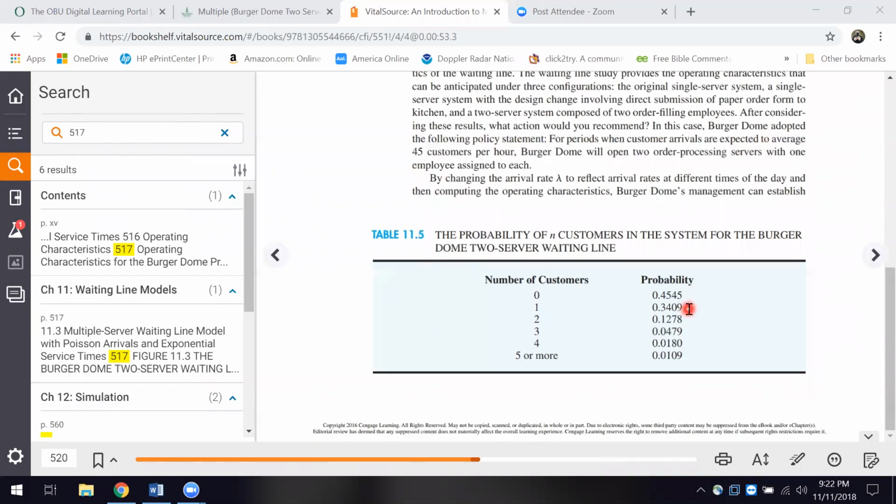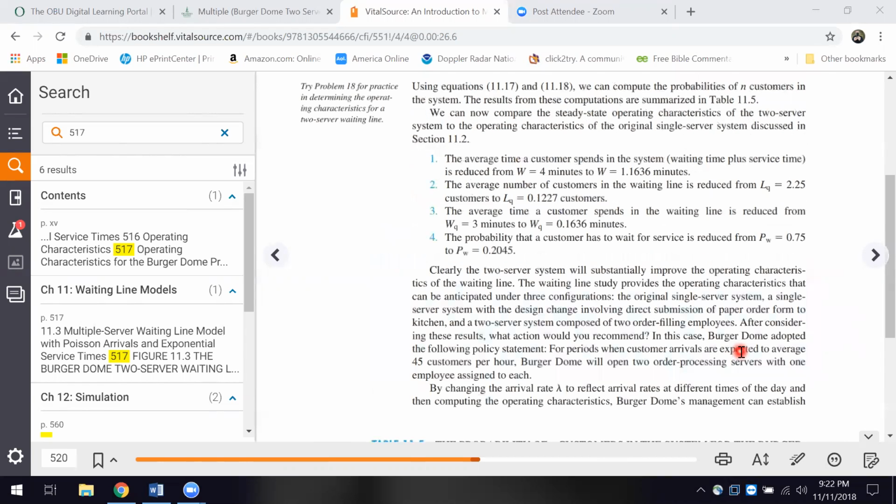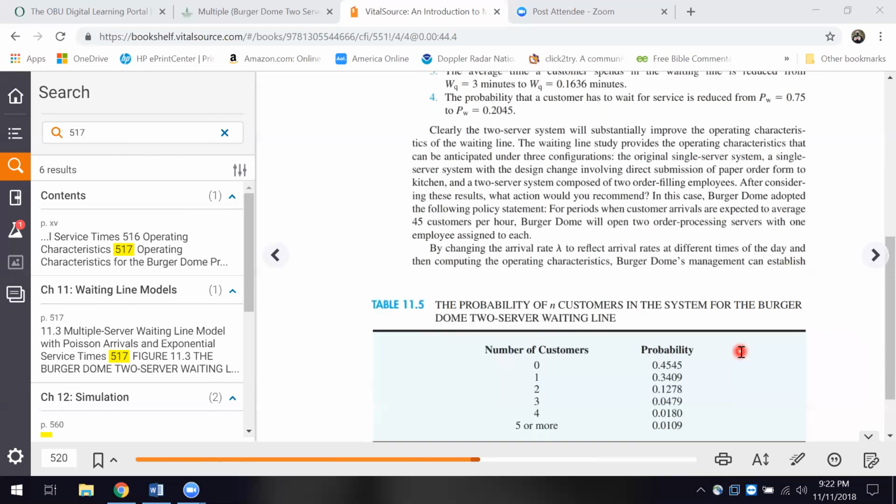Then when you have one person, okay, there's zero customers, it's roughly half and half, I'm sorry. And then we're looking at one customer, two customers, and notice how that probability decreases with the number of customers. And so they establish this waiting line and these operating characteristics.